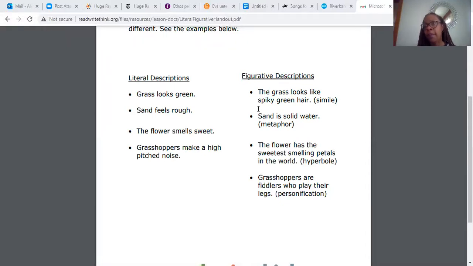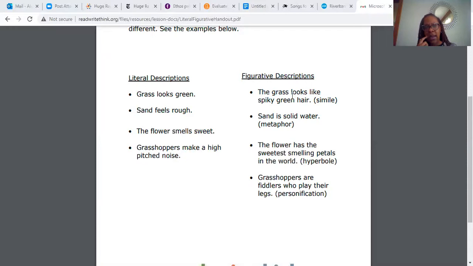So let's look at this really quickly. Literal descriptions: the grass looks green. Based on my literal definition of green, I know how to take this information. Now, where we say the grass looks like spiky green hair, well, now I get a little bit more of an image.